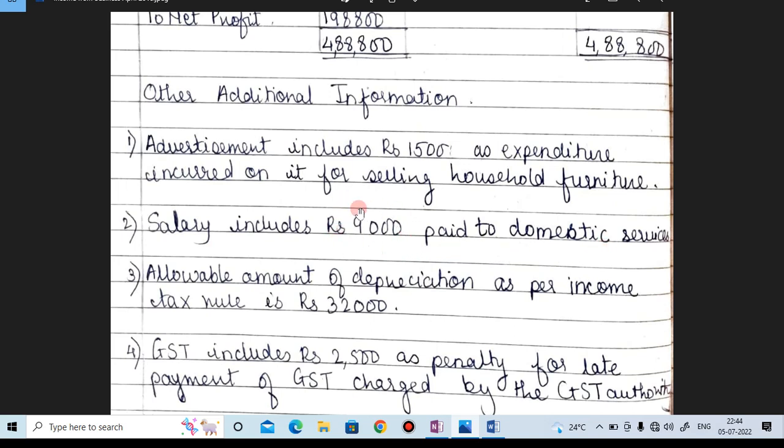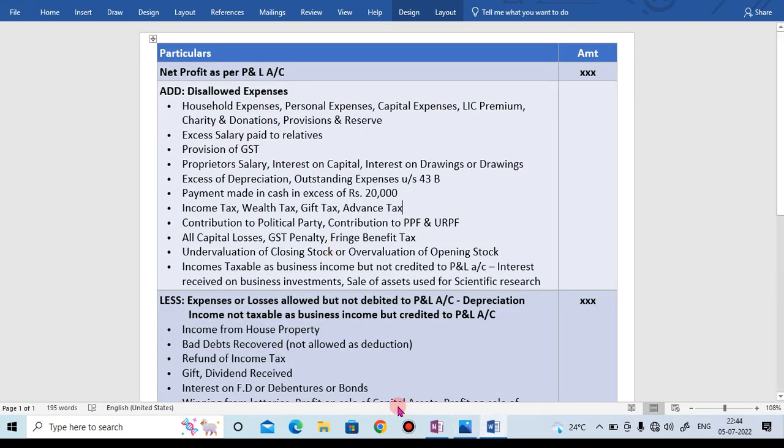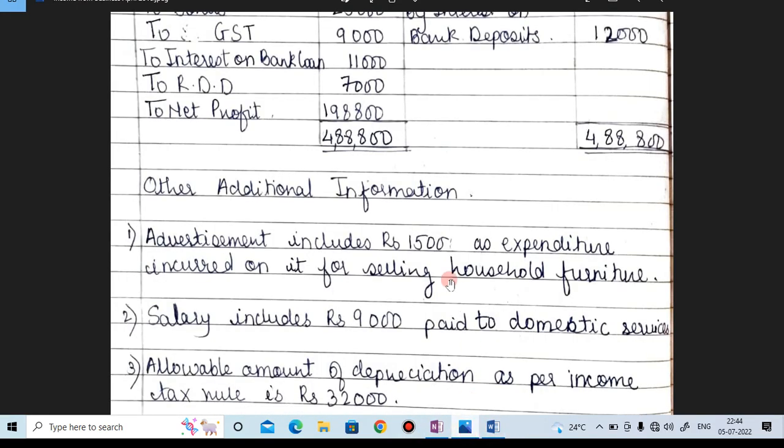So this 9,000 is nothing but disallowed expenses. Why? Because 9,000 is not used for business purposes. It is used for domestic services for the personal use of Mr. Rohit, who is the owner of the business. So 9,000 is our disallowed expenses.